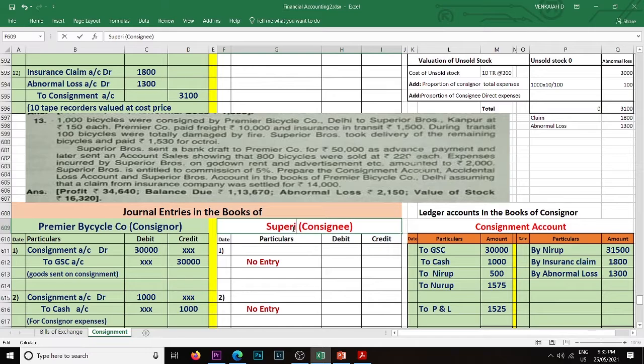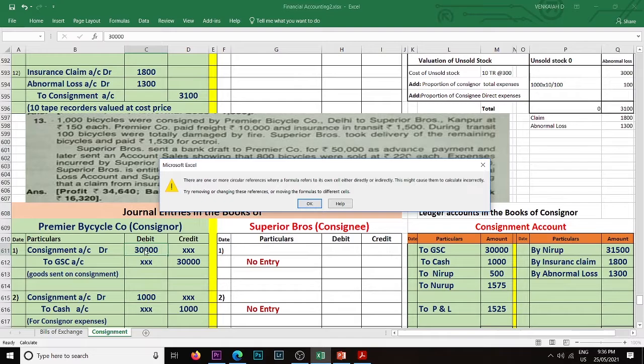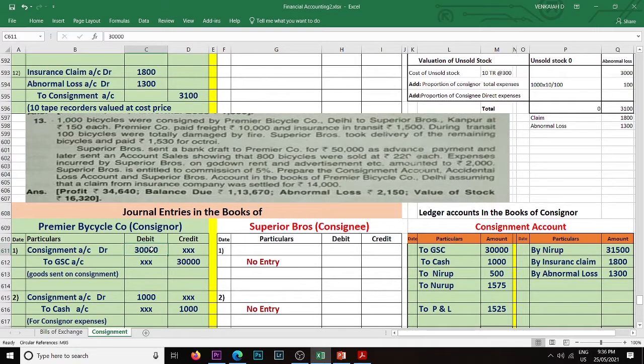Hereafter consignor is called Premier Bicycles, consignee is called Superior Brothers. Cost at 150 each. How many cycles? 1,000 cycles at the rate of 150. Calculate in calculator how much amount it will be. 1,50,000.